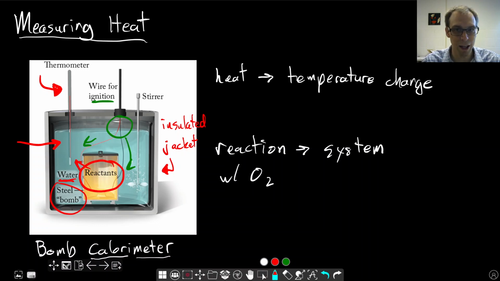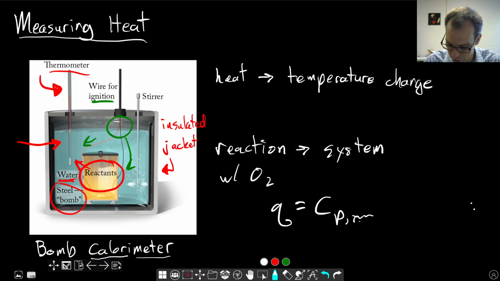And then if you know that heat capacity, you can see how much your temperature changed, and use the equation that we've talked about. q is equal to Cp times some quantity. In this case, we don't have anything here. So it's Cp for the whole calorimeter.